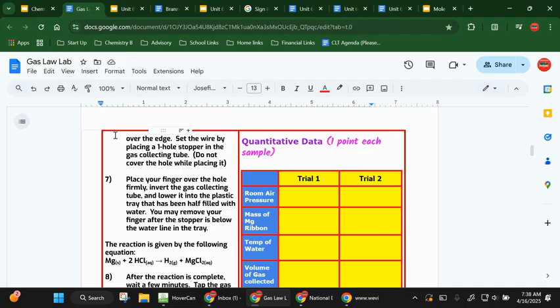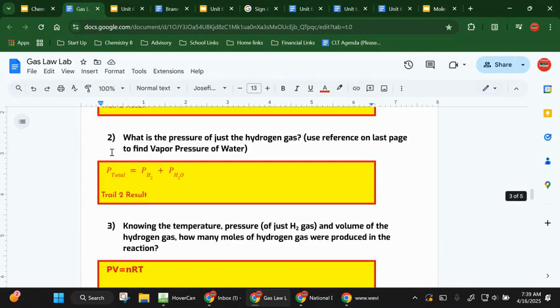Now, what that also means, ladies and gentlemen, is that pressure that I just got, equal to the pressure in the room, is now the total pressure in there. But besides hydrogen gas in there, there is also water vapor. There is pressure from the water vapor that became a gas when the gas bubbled through all of the water.